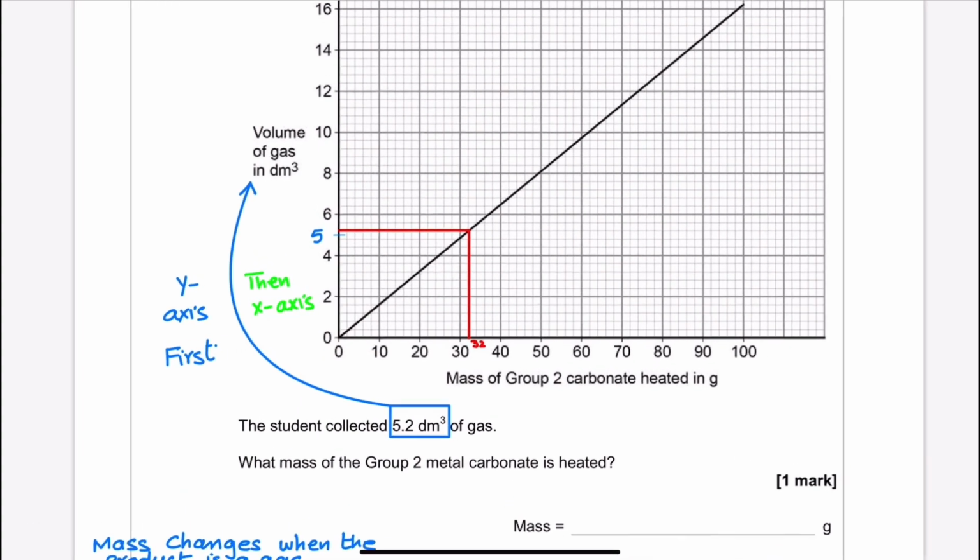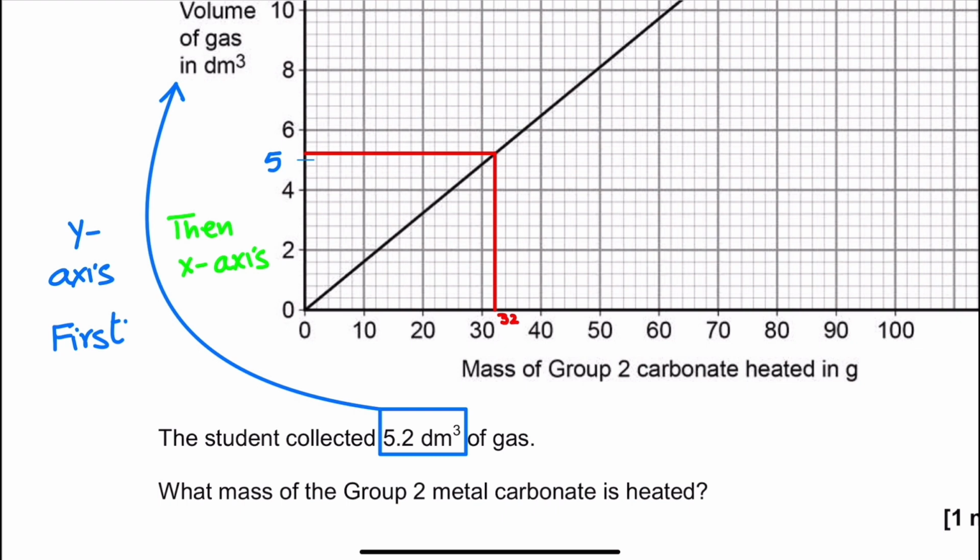The student collected 5.2 dm cube of a gas. What mass of group 2 metal carbonate is heated? If we check the gas volume along the y-axis, you can see this is 4, this is 6, and this is 5.2 dm cube.